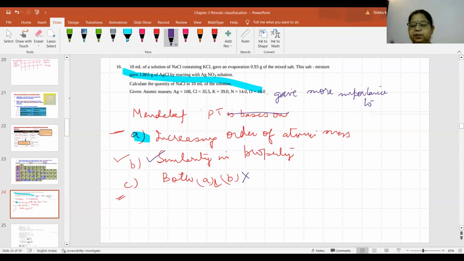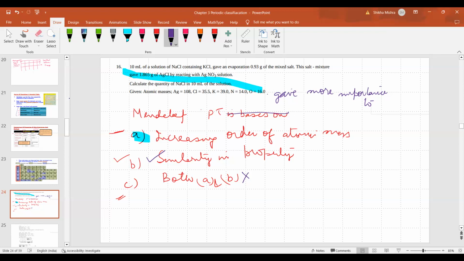But if it is saying that Mendeleev paid more attention to, or his periodic classification is based on what he gave while classifying elements, he paid more attention to similarities in properties. The reason being, he himself overruled his own law, his own rule. Is it clear to all of you?